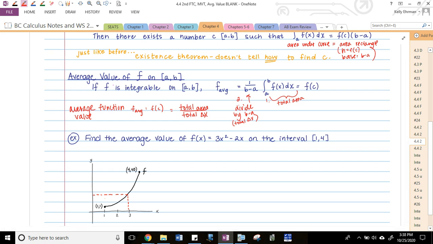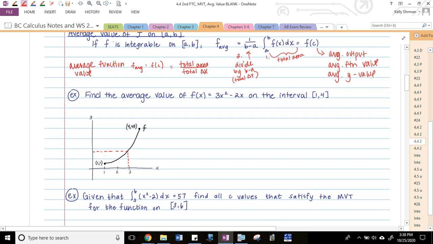An average is just adding up how many numbers you have and dividing by how many there are. We're adding up the total area and dividing by the total delta x that we're looking at. It's going to give us an average value. And again, this f of c that our answer comes out to, you can think of it as average output. It's an average function value. Average y value. Lots of different ways to think about that.